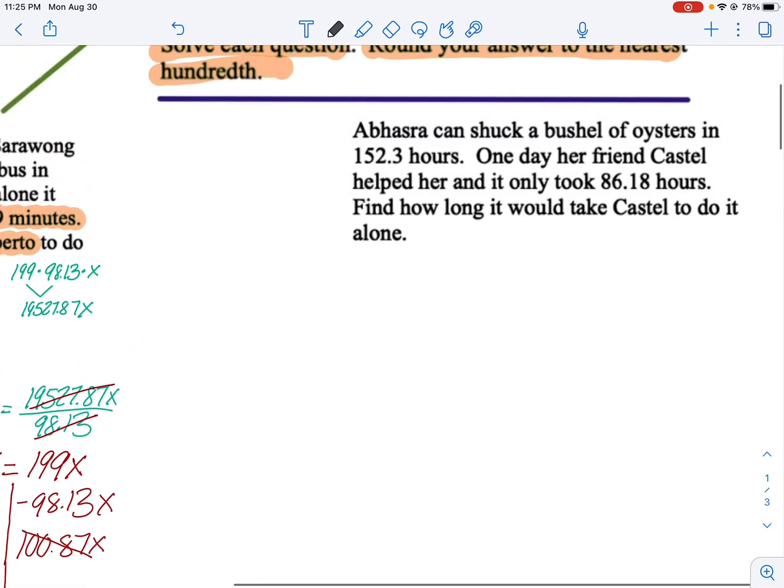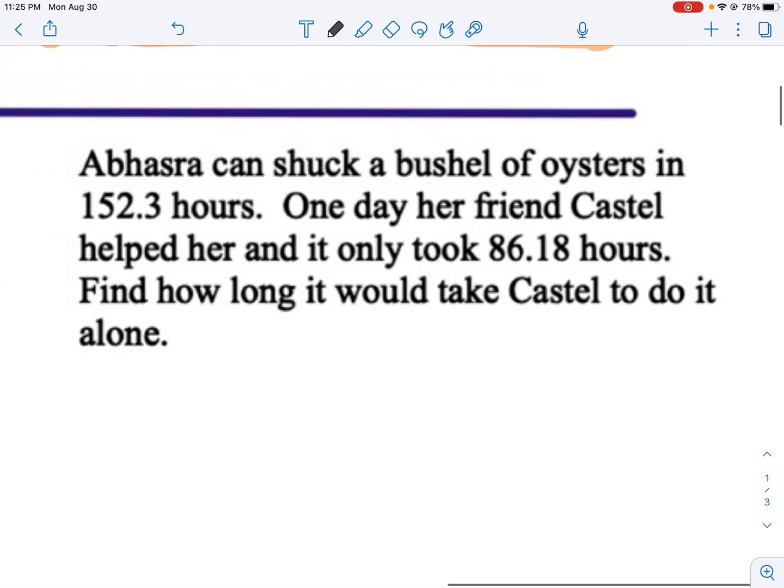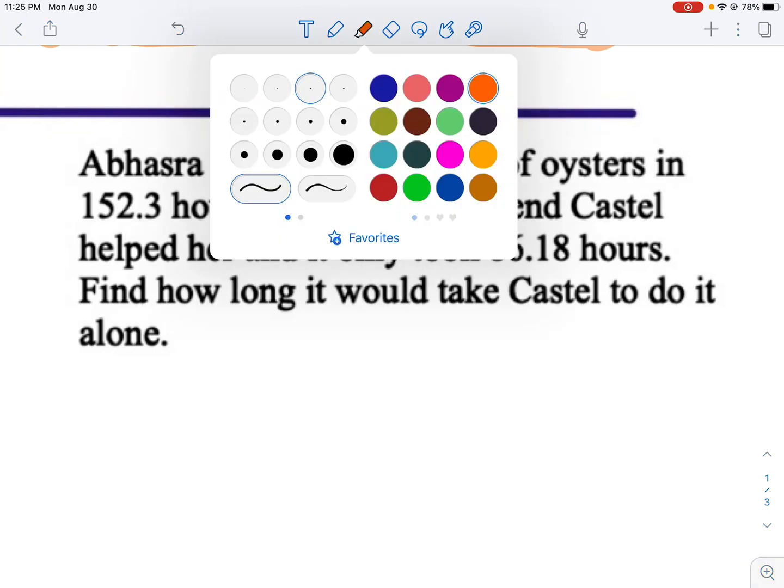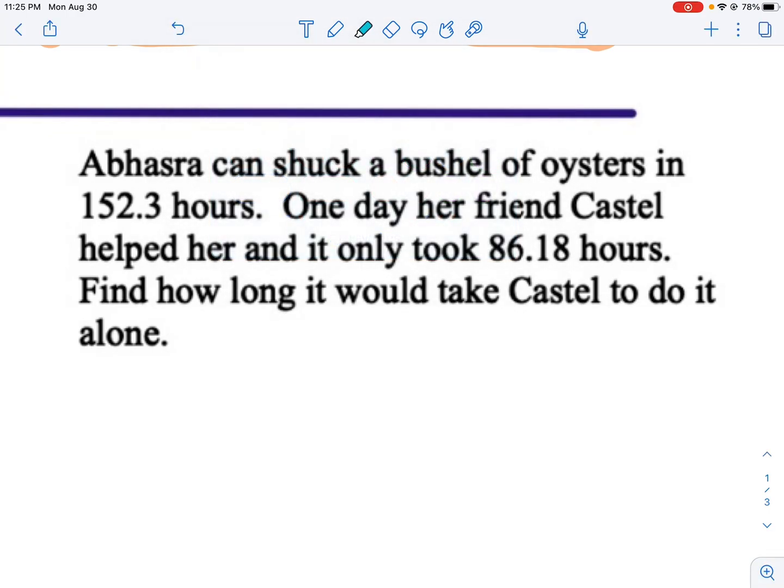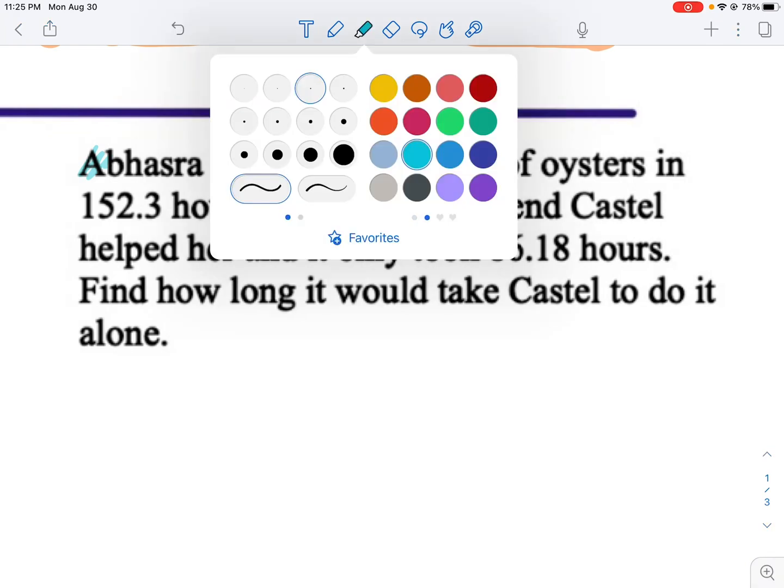Our example here says, a Basra can shuck a bushel of oysters in 152.3 hours.